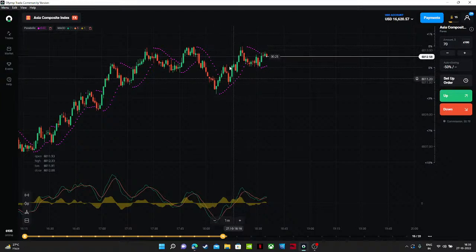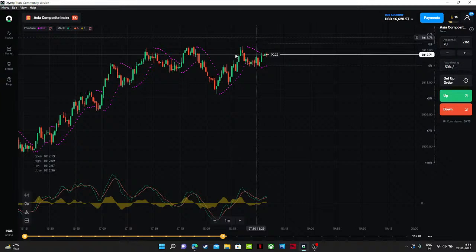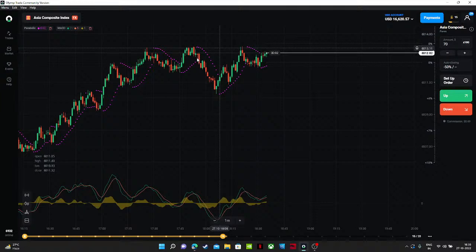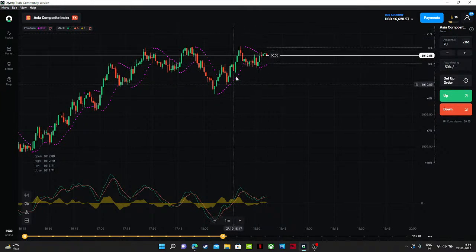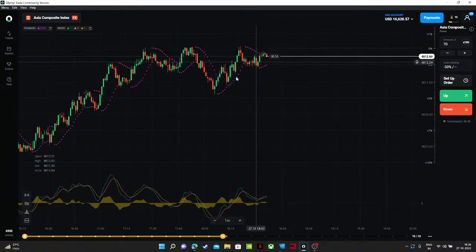Whenever the price is rising, the dots appear at the bottom of the candle. So it is a negative relationship. Price goes down, the dot is on the top of the candle. Price goes up, the dot is on the bottom of the candle. With the help of this parabolic indication, we can find the right entries as to when we are supposed to enter into a particular trade.